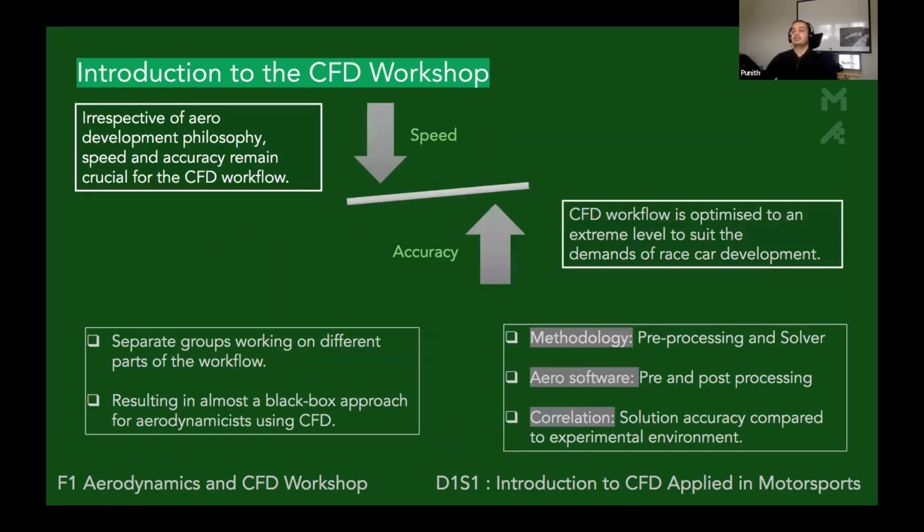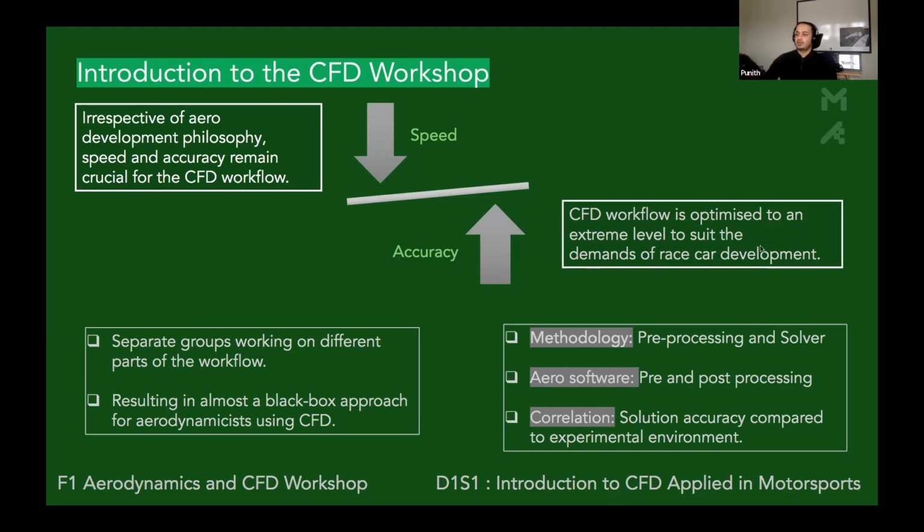So that just leads us on to this whole question of automation and speed and what we do. Irrespective of the philosophy that I talked about in the previous slide, all aero departments want speed and accuracy for the CFD workflow. And as you can imagine, it is a balance. You can't have both to their best extent.